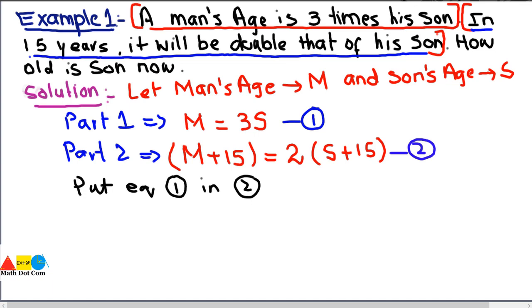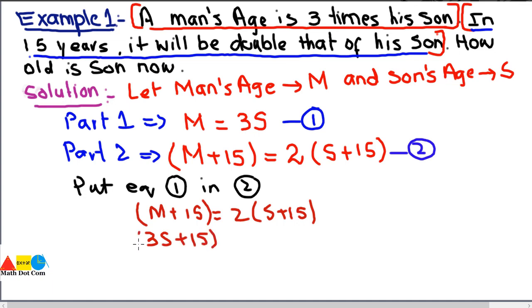So let's see how it will be. The equation was m plus 15 is equal to 2 into s plus 15. So I have to replace m with 3s. So I'll write 3s plus 15 is equal to 2s plus 30.